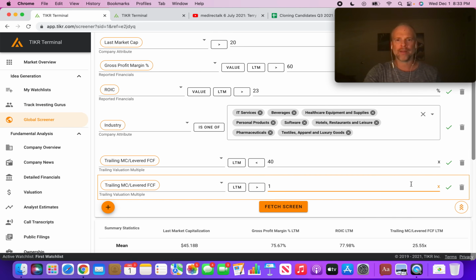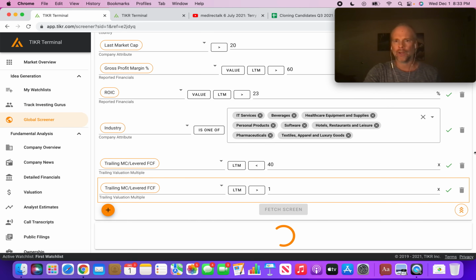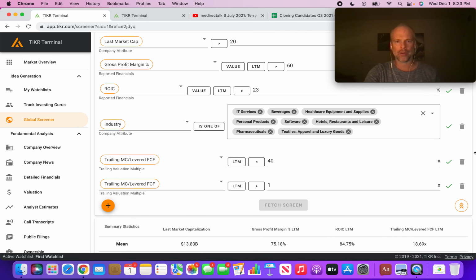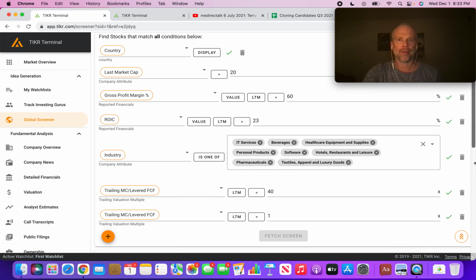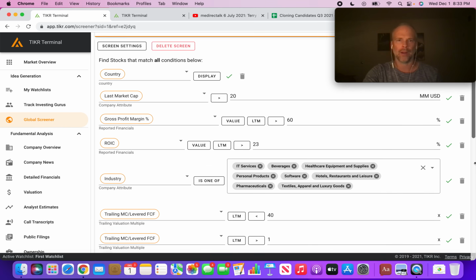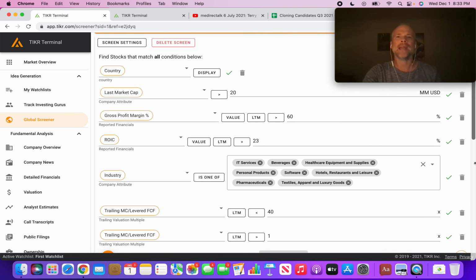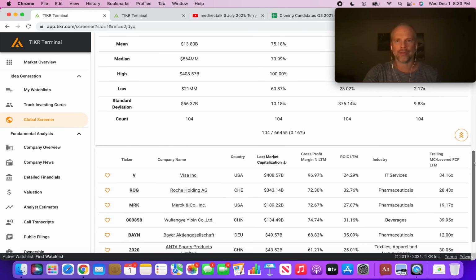So let's run this screen and see what we get for the Fundsmith TIKR screener. It turns up 104 results, okay, out of the entire universe of more than 66,000 global stocks, where any market cap is the global universe.